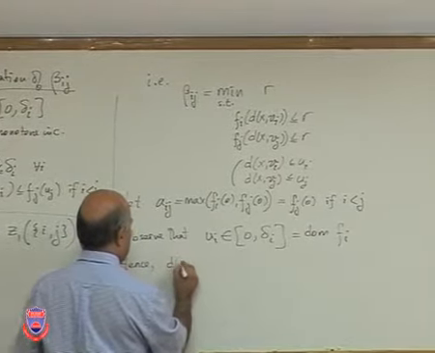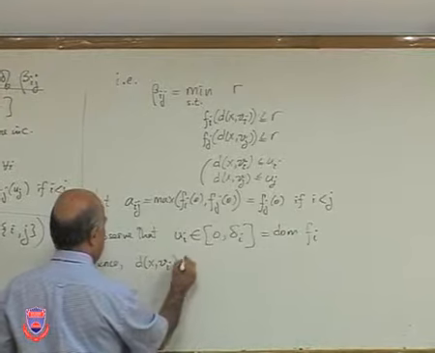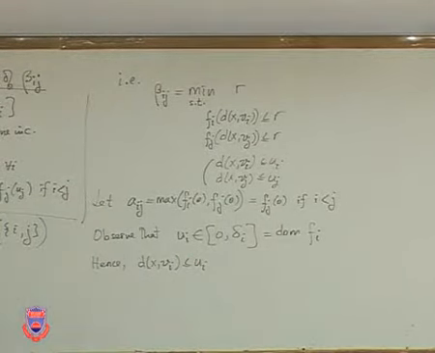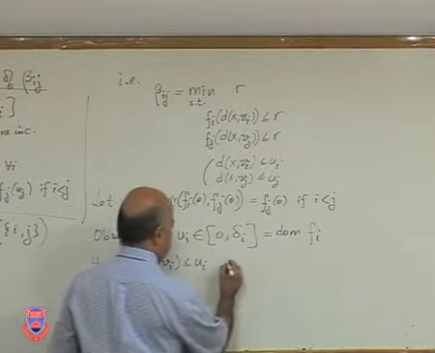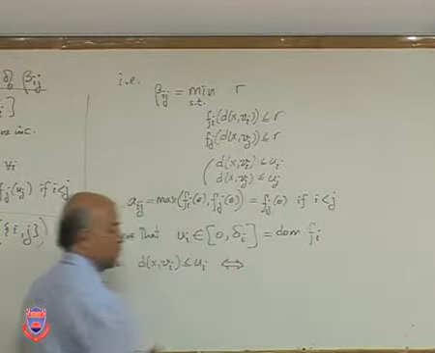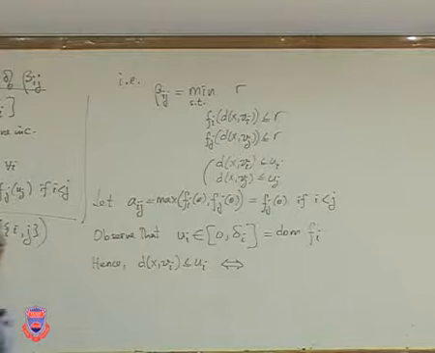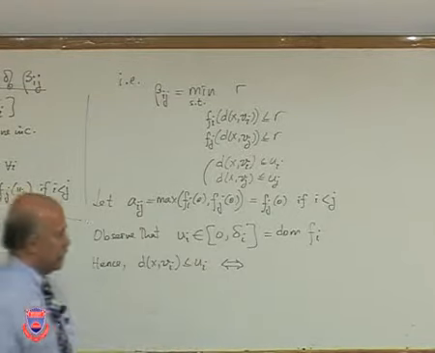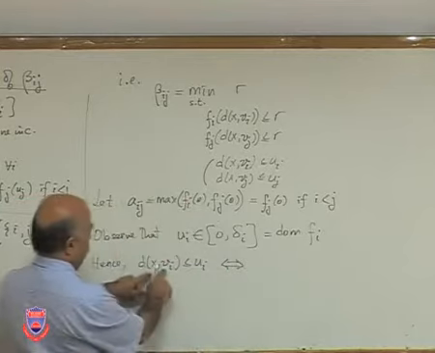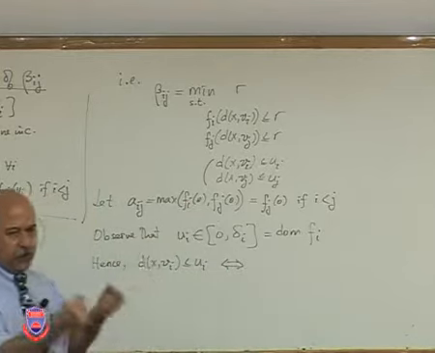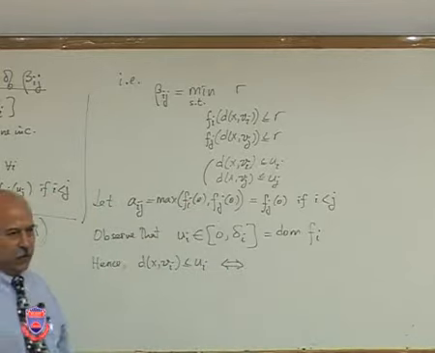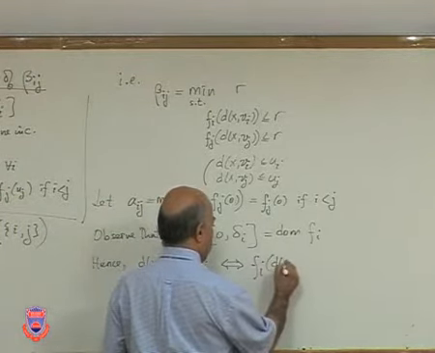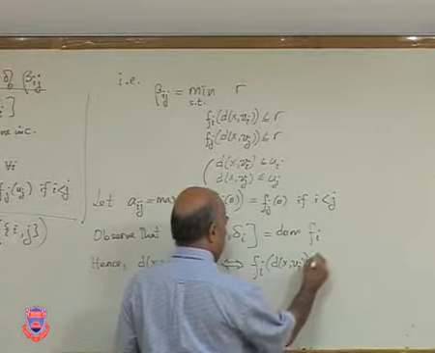For this reason, the constraint which tells you that the distance between x and vi must be less than or equal to ui is true. In other words, x is feasible to this constraint if and only if I can apply fi to both sides, because both the left side and the right side are in the domain of definition of fi, which means this is true if this is true.